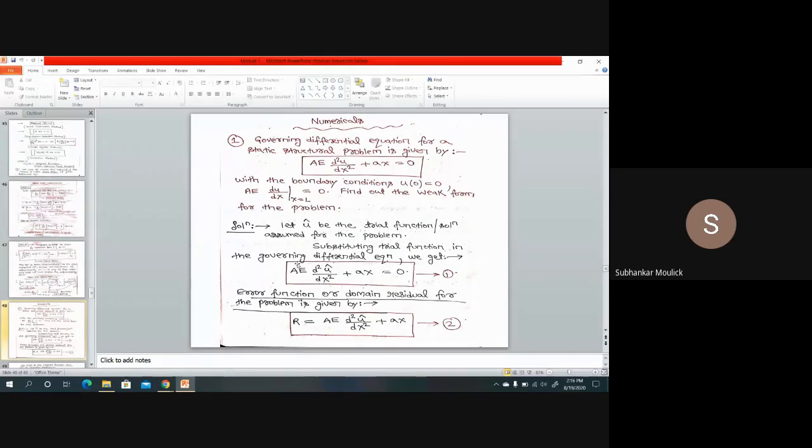Since we know that the given differential equation is the strong form of the problem, we need to convert this strong form into the weak form. What do I need to do?